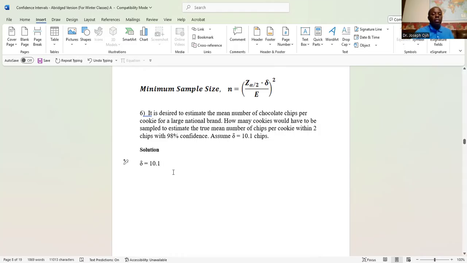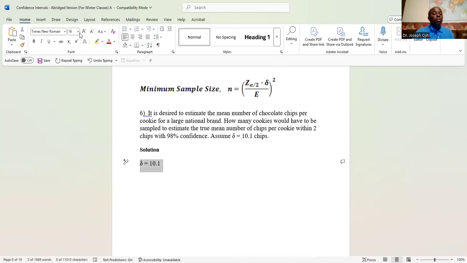Okay, so this is what it is. Then you say that the confidence level equals 98%.